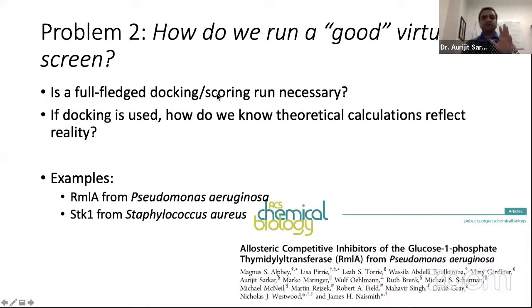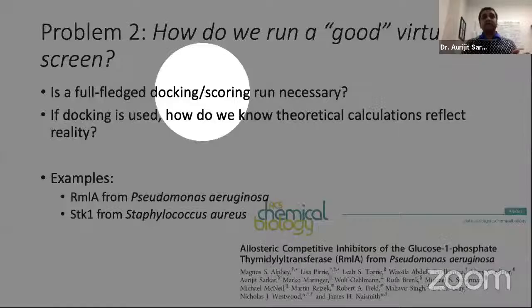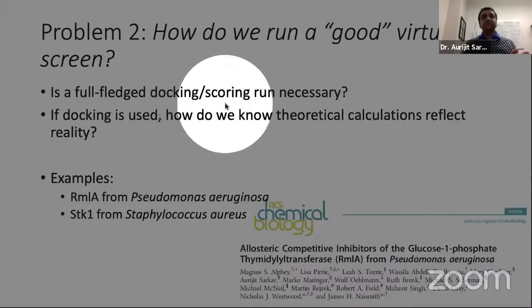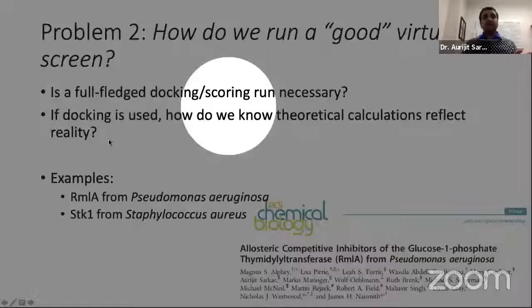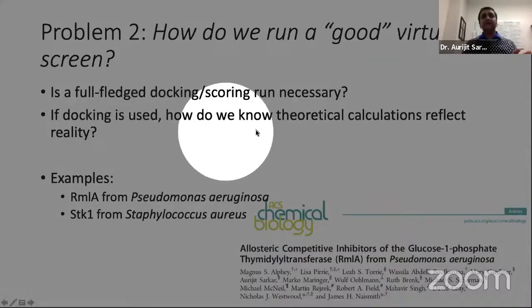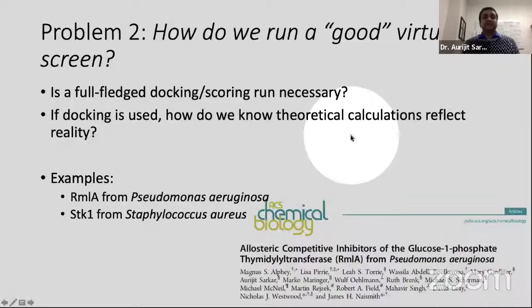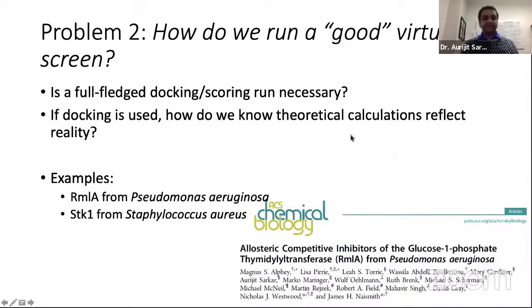Docking and scoring is probably the most commonly used form of virtual screening. Do we really need to run a full-fledged docking and scoring? And if you do have to use docking, how do you know that these theoretical calculations actually reflect reality? Those are two questions that we absolutely need to answer.